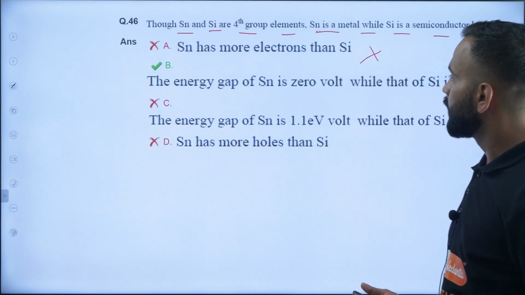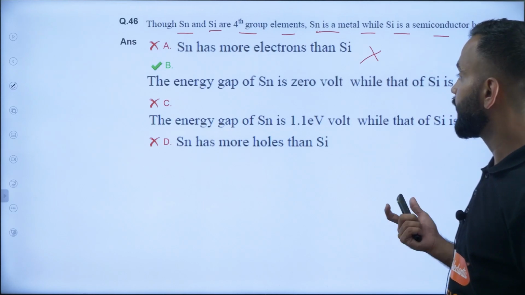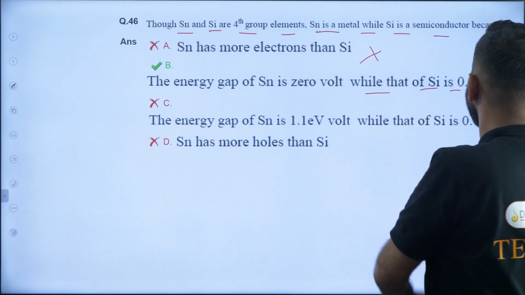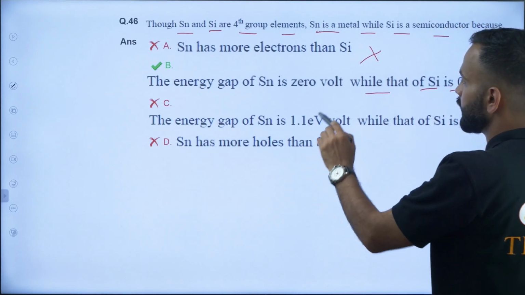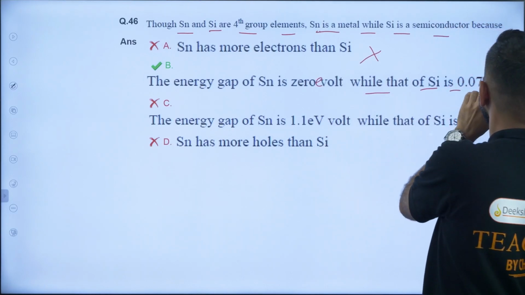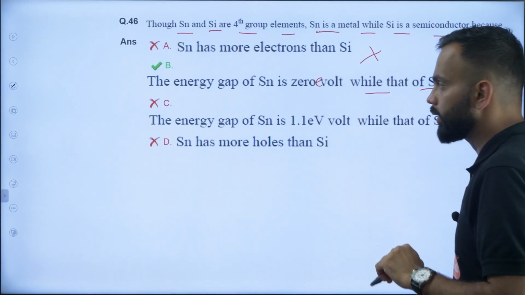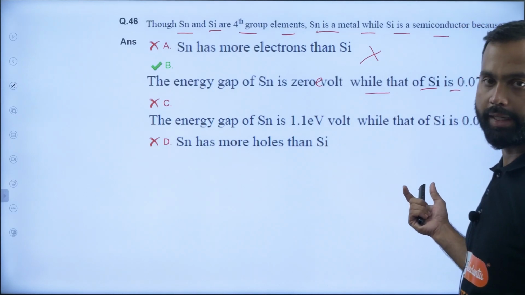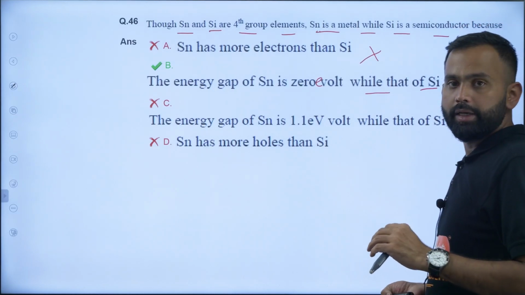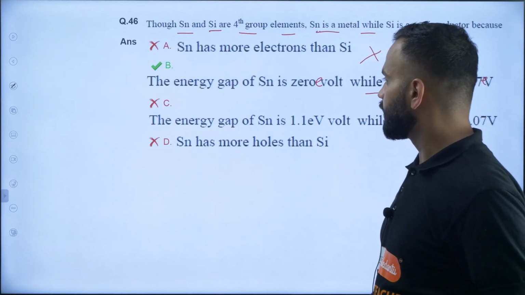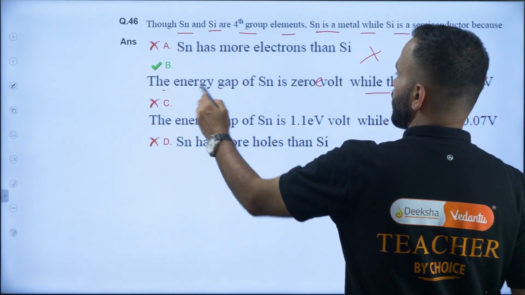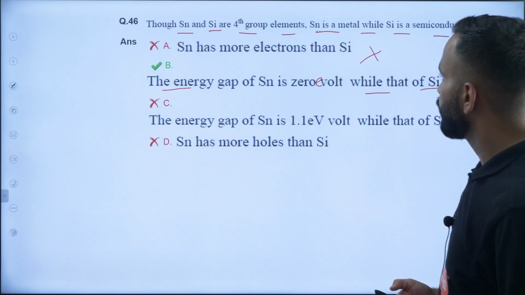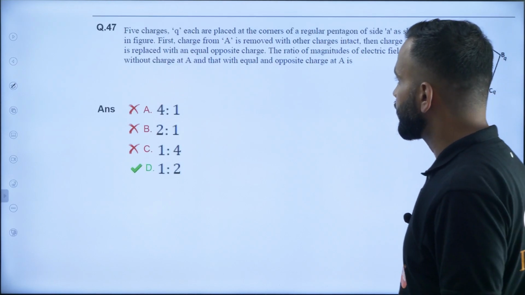The energy gap of tin is 0 electron volt while that of silicon is 0.07 electron volt. So that's why silicon is a semiconductor, because the energy gap is more compared to tin. So the correct option is B. Next question.